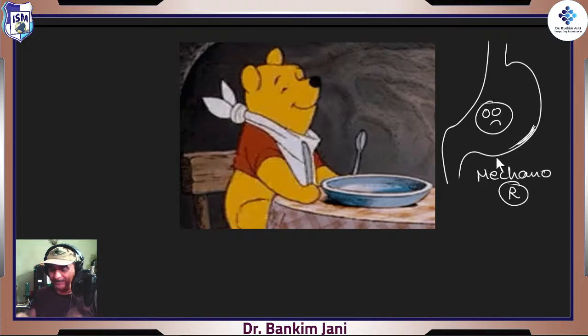And if the stomach is empty, this is how we are, and we keep on imagining all sorts of foods. So in that case, there is no stretch on the stomach, no stretch on the mechanoreceptors.